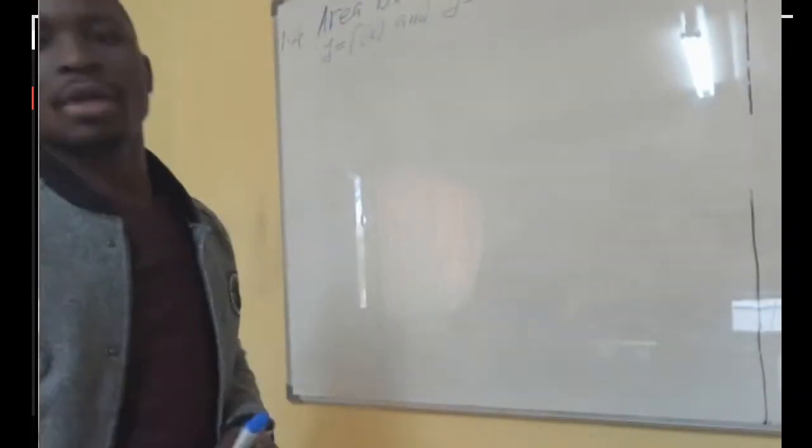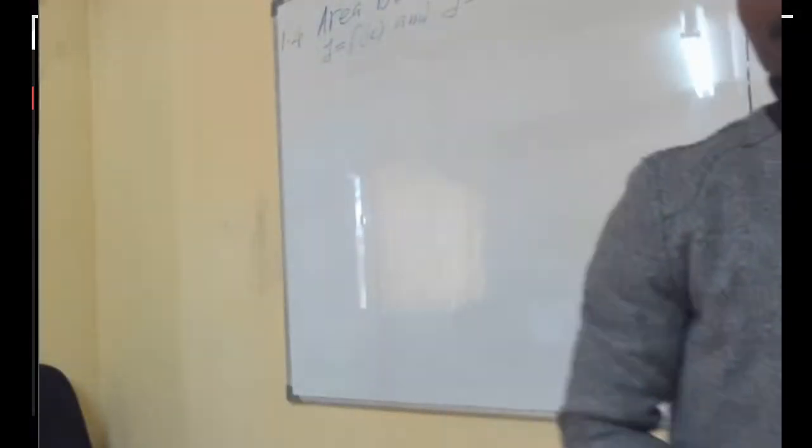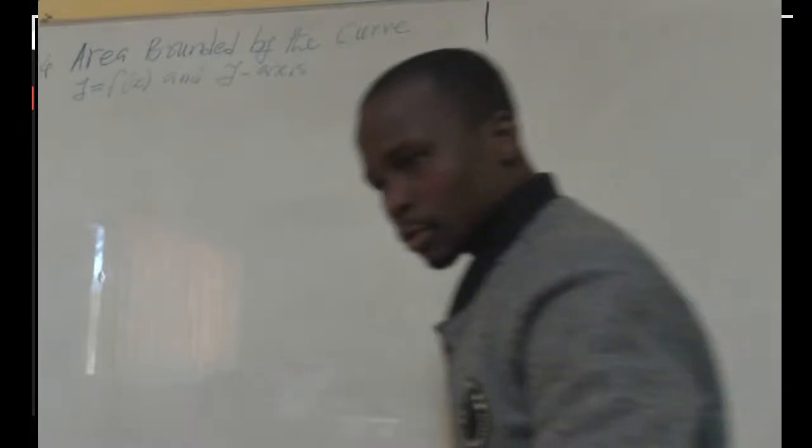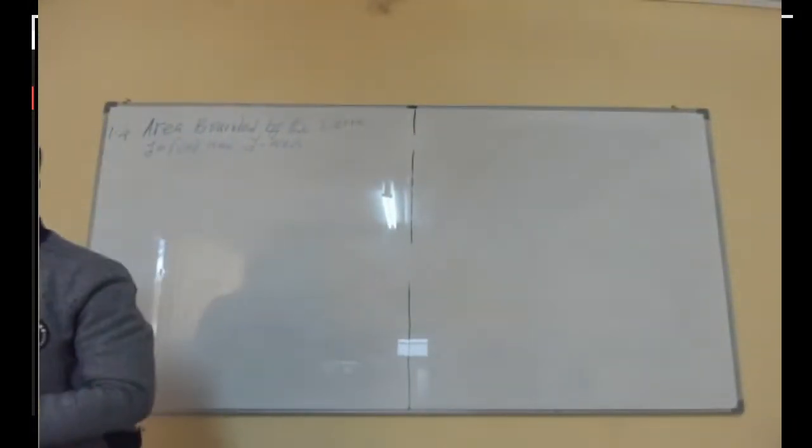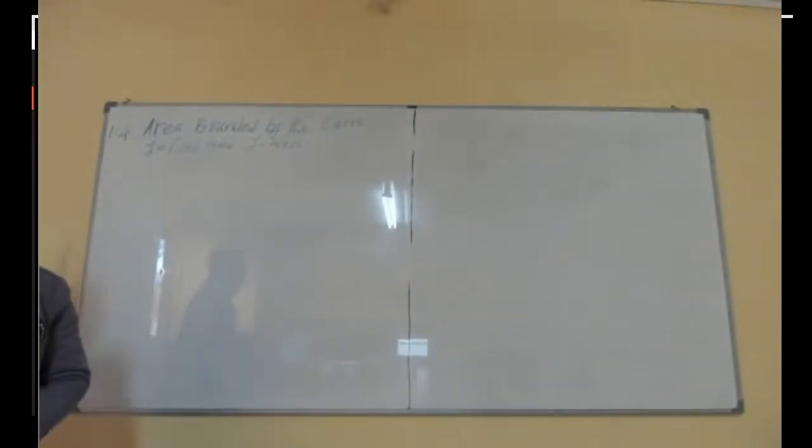So let's have a situation where we have this area which is bounded by the curve and the y axis. So we now look at the area bounded by the curve and the y axis.